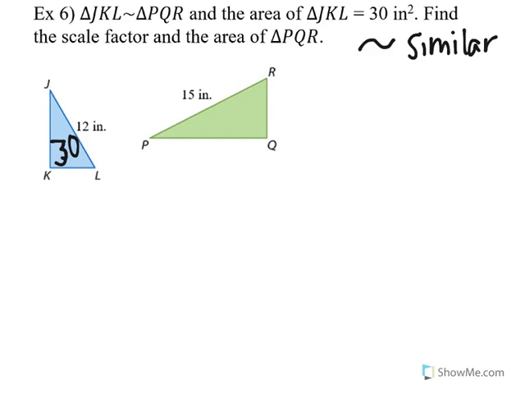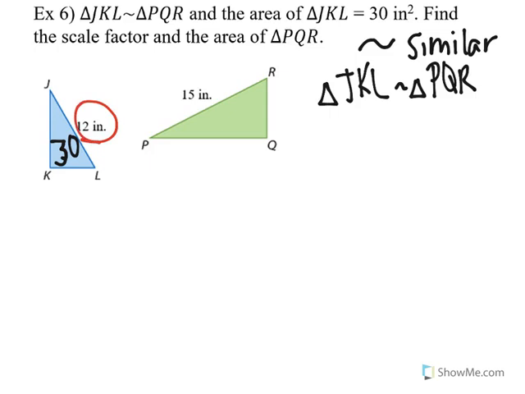The scale factor should not be hard here, because we're going to find two corresponding side lengths. You want to go by the similarity statement. Our similarity statement says triangle JKL is similar to triangle PQR. The only side length I have on triangle JKL is JL, so that's going to correspond to side PR, and that is the other side they gave us.